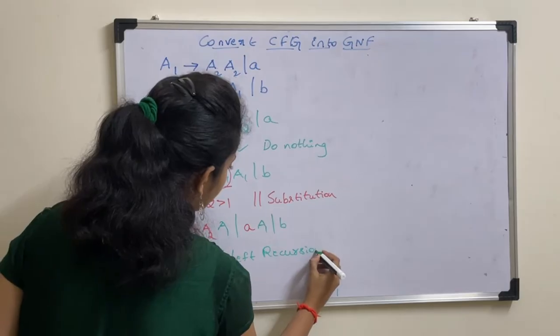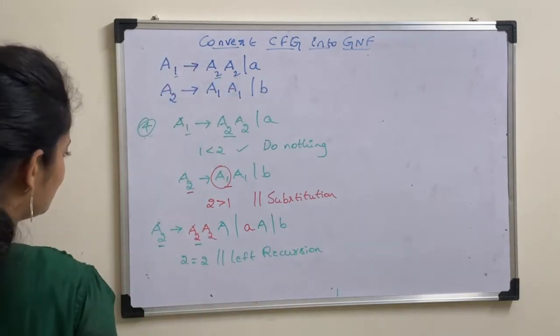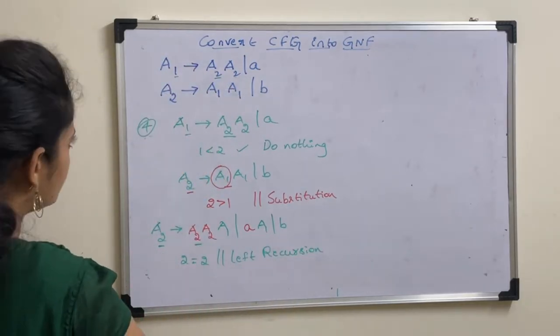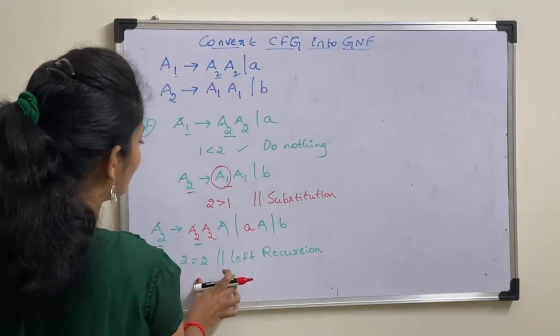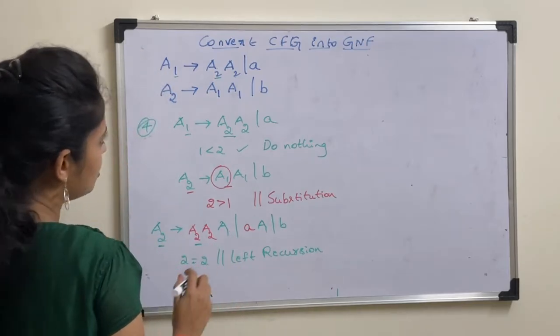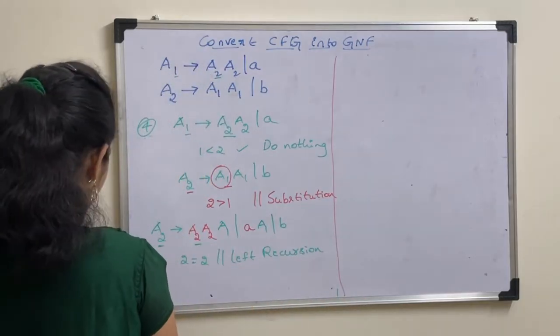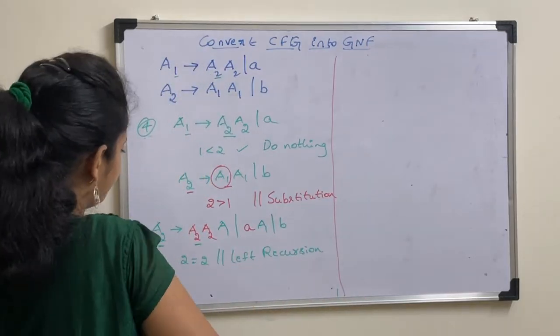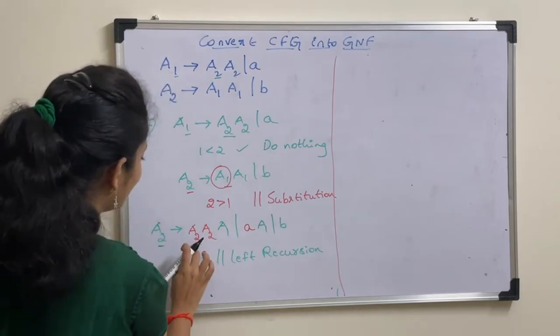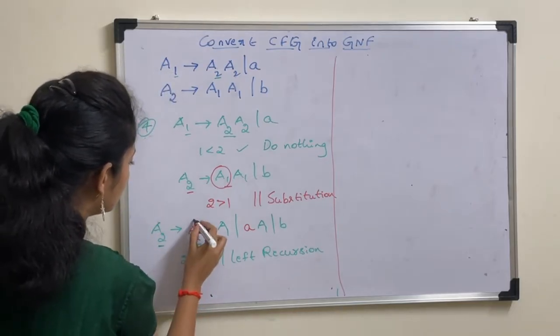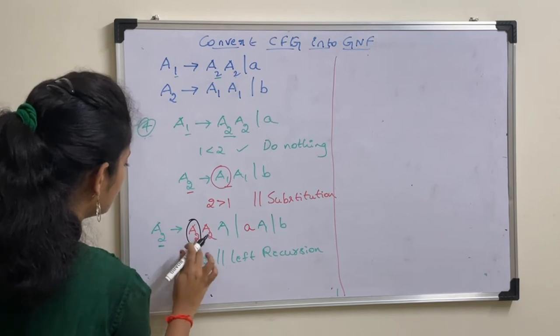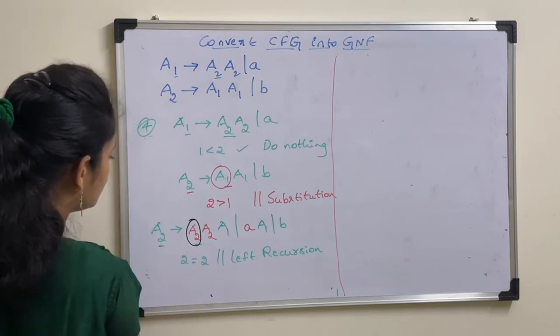If you have left recursion in the grammar, then you need to remove it. How to remove it? For this you need to create one new production with Z. What is the problematic non-terminal here? This first A2, where 2 equals 2.